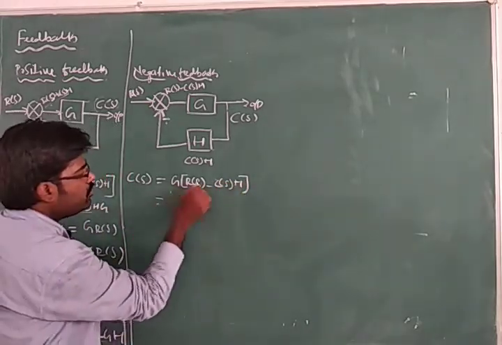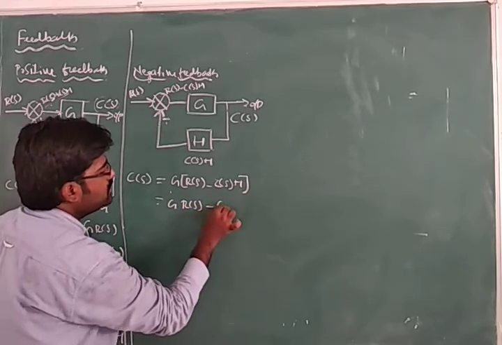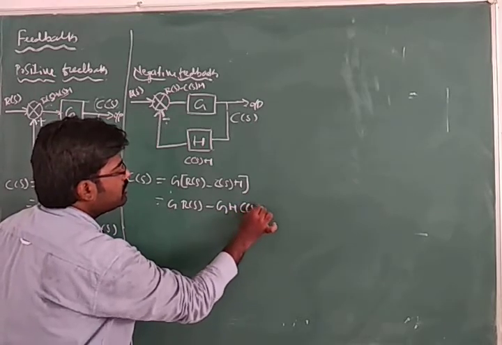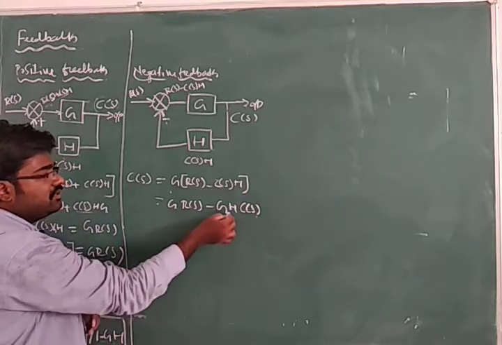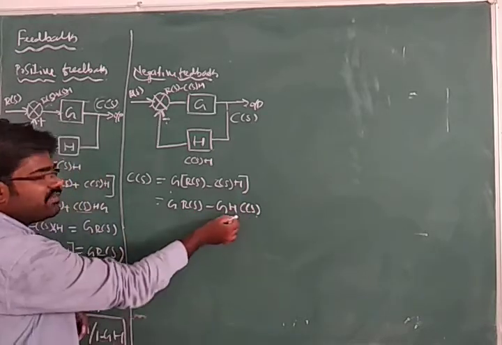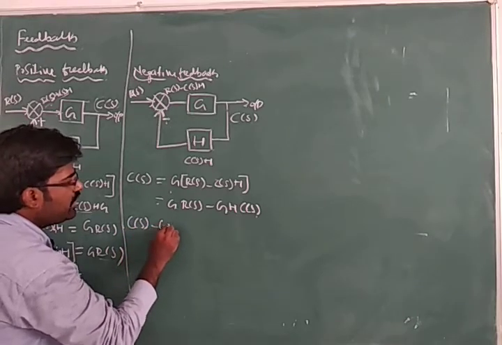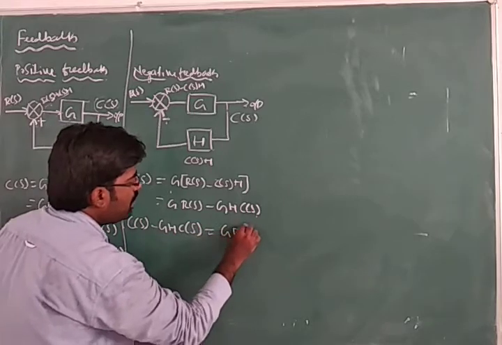Okay, therefore you multiply g into r of s minus g into h into c of s, right? So this is further simplification. Now take the c of s term to the left hand side. c of s minus g into h into c of s is equal to g into r of s.